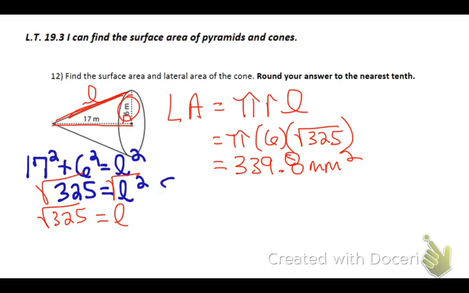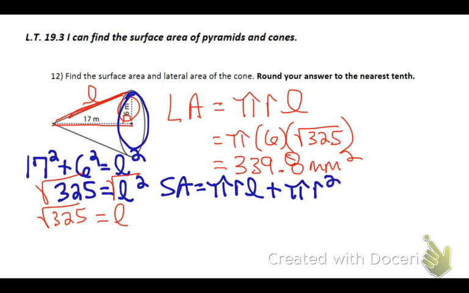Then I'm going to do surface area, which is pi r L, again, that same lateral area, plus it has the bottom there, which is a circle. So the area of a circle is just pi r squared. So we're going to take our previous answer, which is 339.8, plus pi times 6 squared.